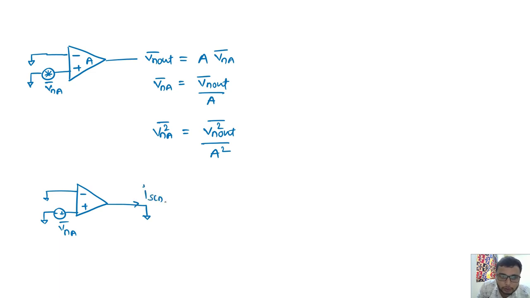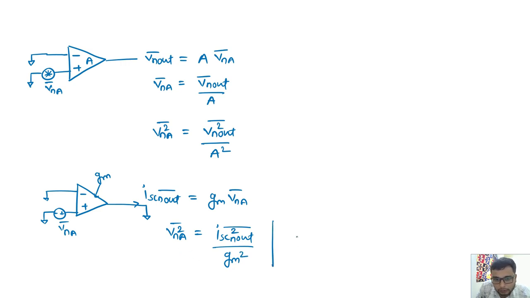How can it be written? It is the net GM of the amplifier times this VN at the input. Or the input referred noise is the output short circuit current noise divided by GM square. That is the mean square relationship.